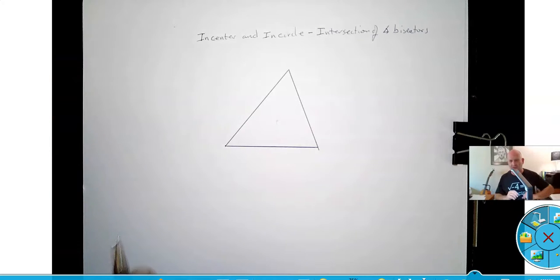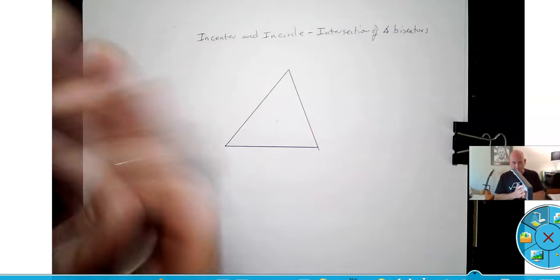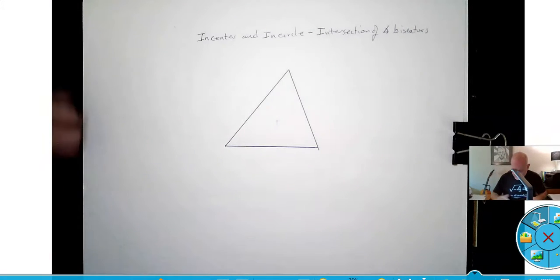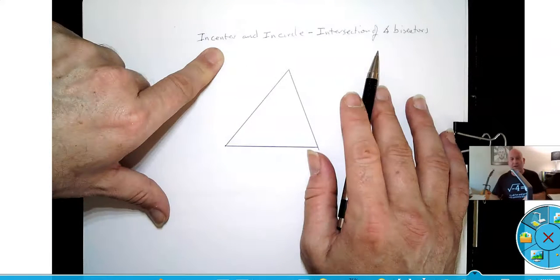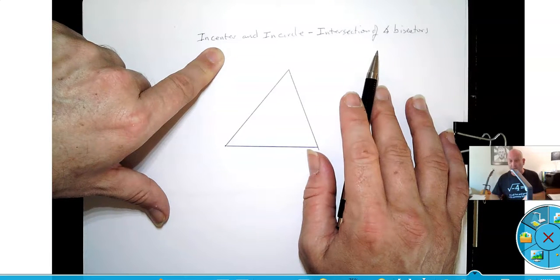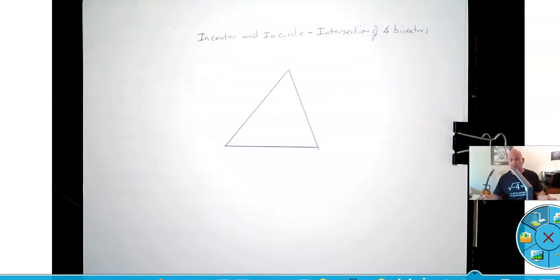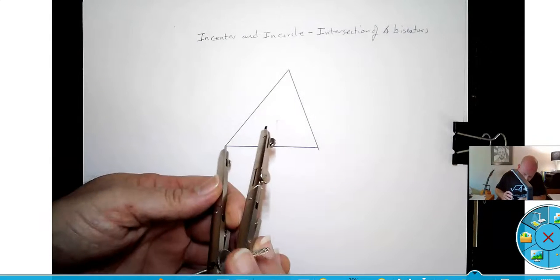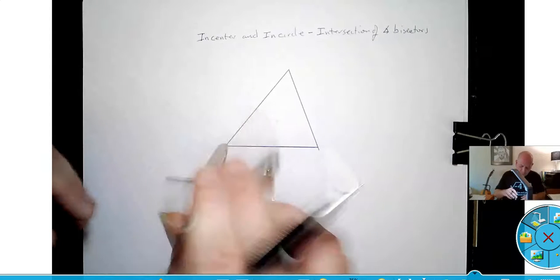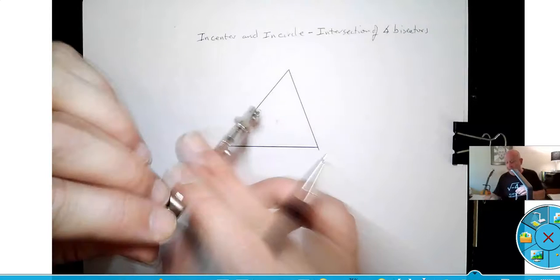My habit is to write small, so believe it or not, I'm writing big right now. Okay, so we need to figure out where all the angle bisectors meet. So that means we have to construct angle bisectors. So we're going to get out our compass, and this works with pretty much any circle or any triangle.